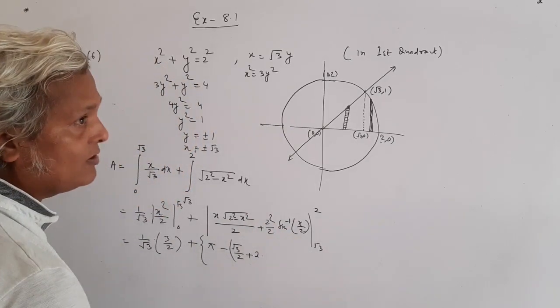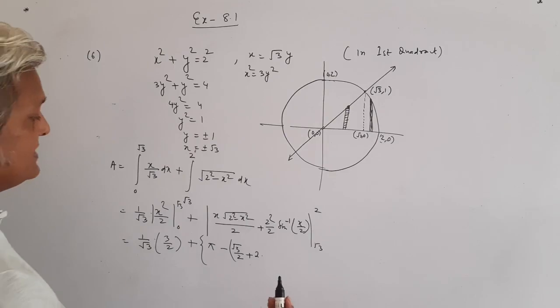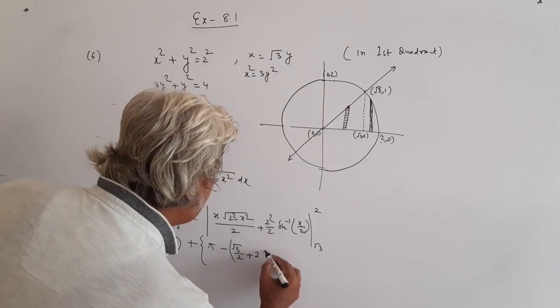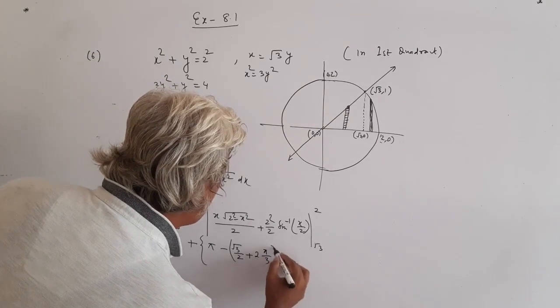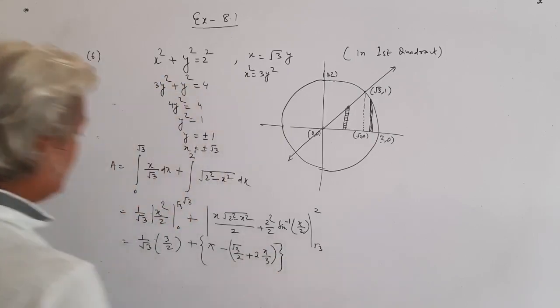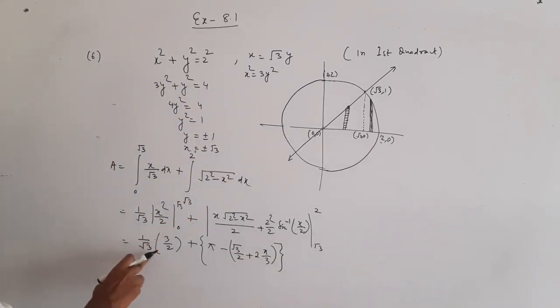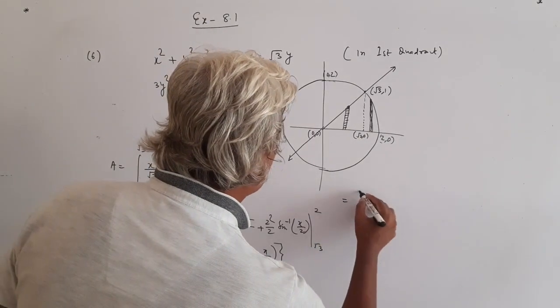What is root 3 by 2? That is 60 degrees, that is pi by 3. So this root 3 by 2 and this is 1 by root 3 and 3 by 2. This gives me just root 3 by 2.